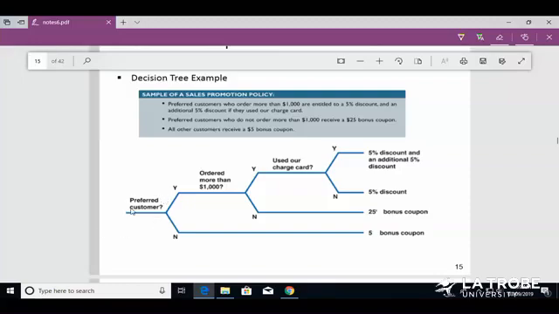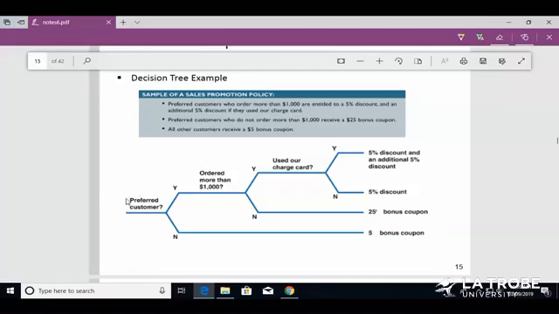If he is a preferred customer, and he orders more than 1,000, but he didn't use our charge card, he will get just a 5% discount. If he is a preferred customer but didn't order more than 1,000, for example he ordered 900, he will get just a 25 bonus coupon, not a discount.